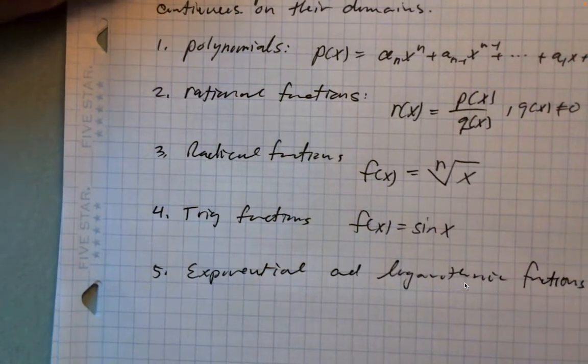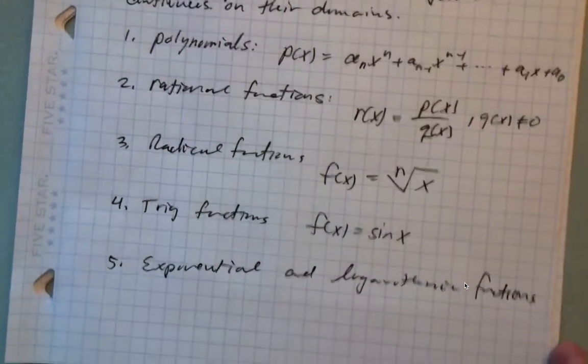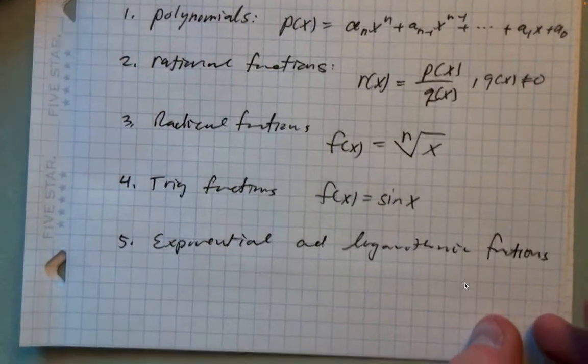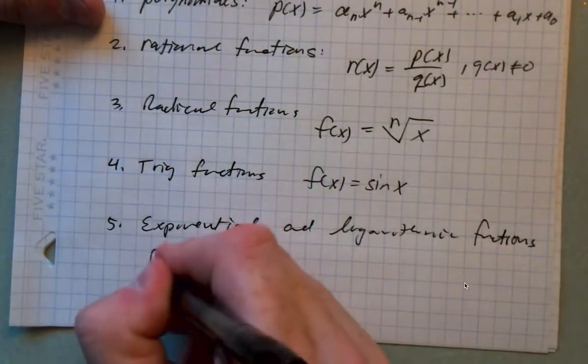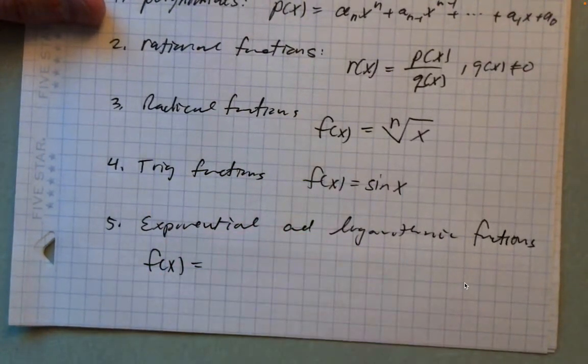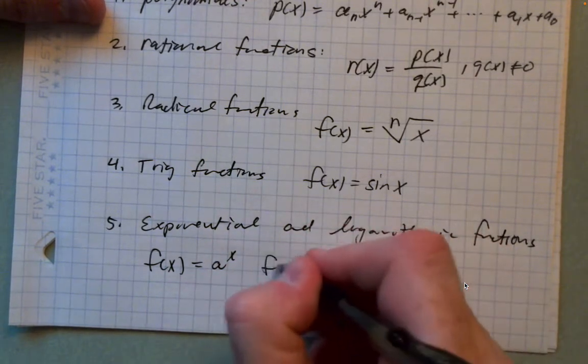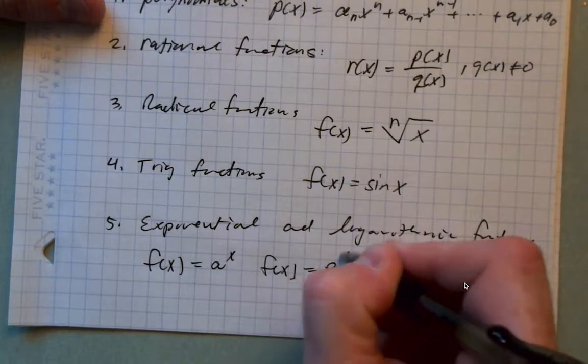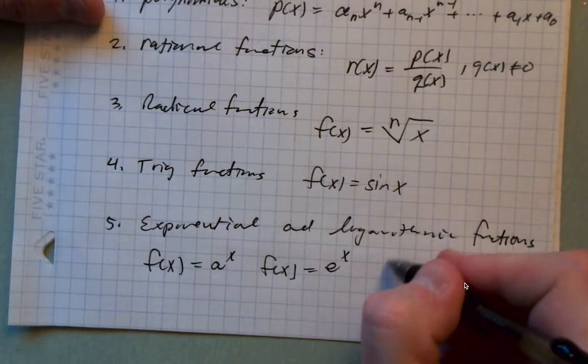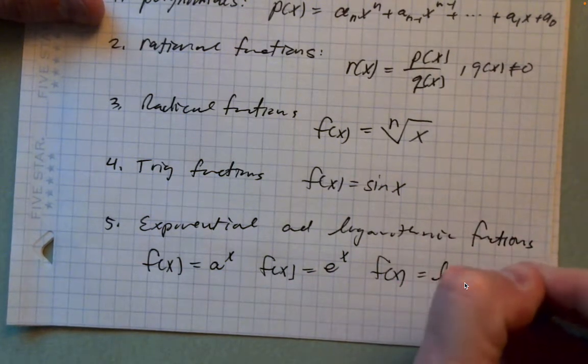Those are also everywhere continuous on their domains. So things like f of x equal to a to the x, f of x equal to e to the x, and things like this, natural log of x, right?